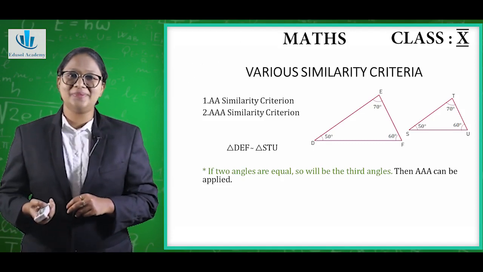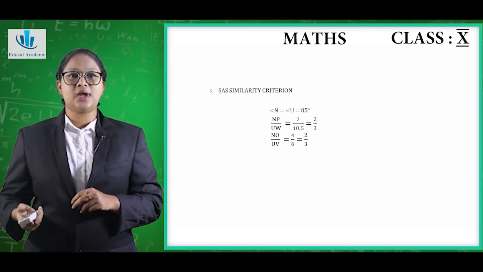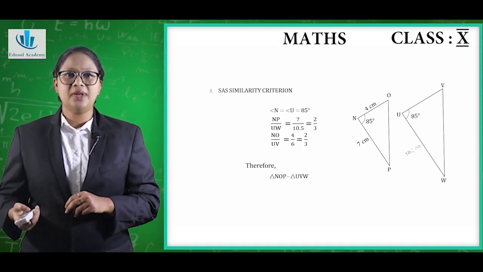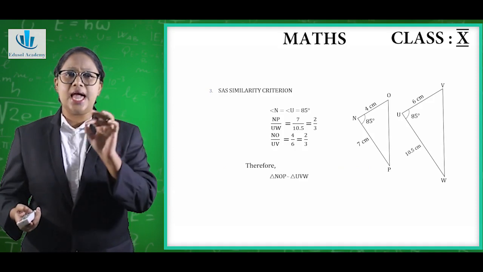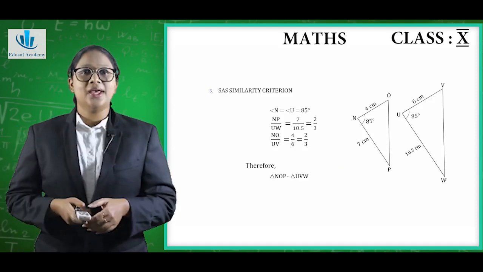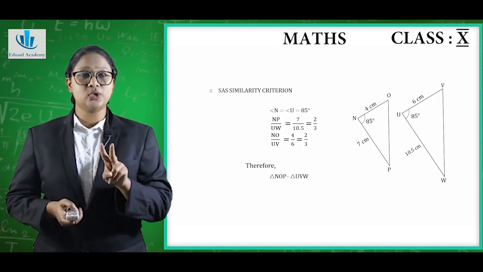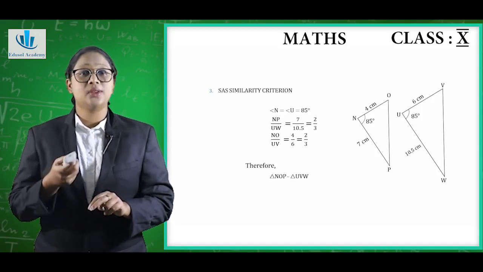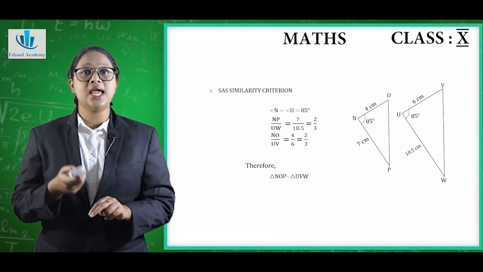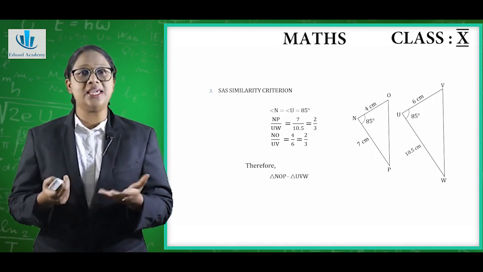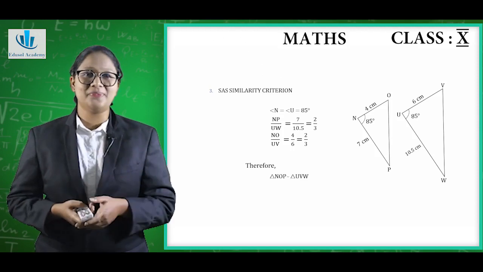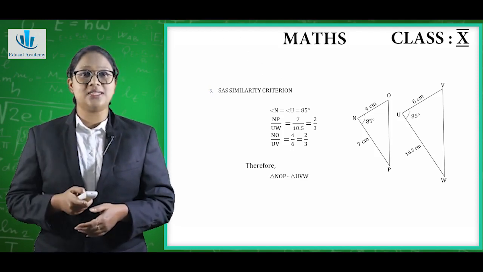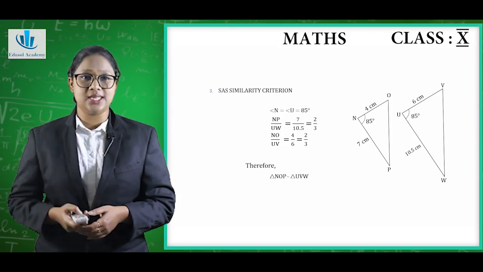I hope that's clear. Now the next similarity criterion will be the SAS similarity criterion. You're familiar with SAS, right? Side-angle-side criterion. As we can see in the figure, there are two triangles NOP and UVW. There we can see that angle N and angle U are 85 degrees each, so the angles are equal. Now for sides, NO is 4 centimeter and UV is 6 centimeter.